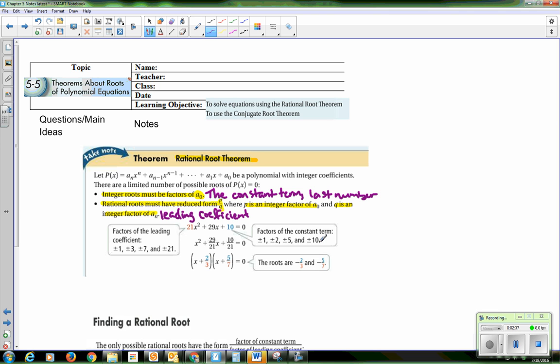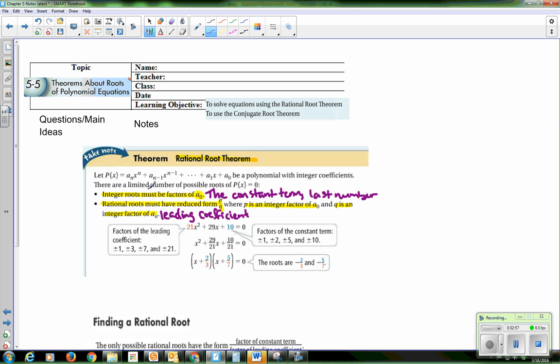So we list both the positive and negative versions of each factor. The factors of 10 are 1, 2, 5, and 10, and we have the positive and negative version of each one of those. You look at your leading coefficient, it's 21, so you list all the factors of 21.